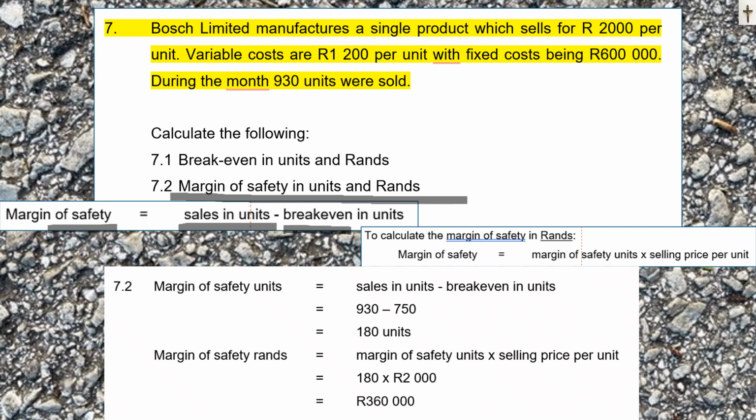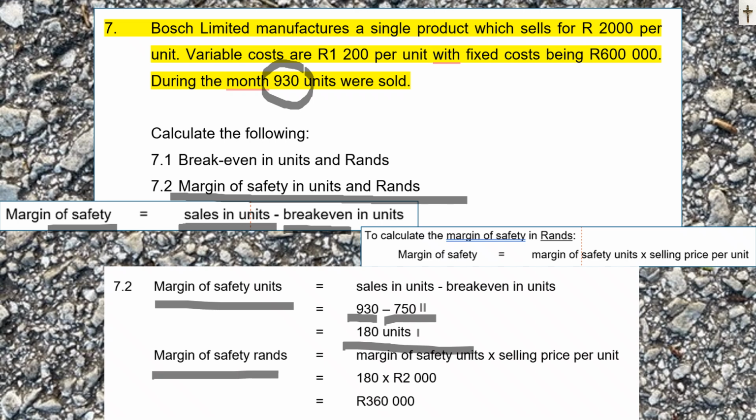In this example, they say 930 units will be sold, and we have just calculated the break-even in units, which was 750. So the margin of safety in units is 180: 930 minus the 750, which is the number of units sold at break even. So the margin of safety is 180 units.